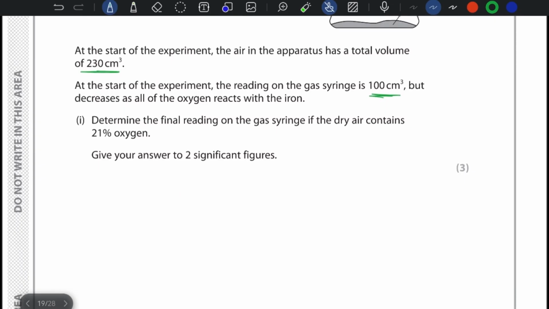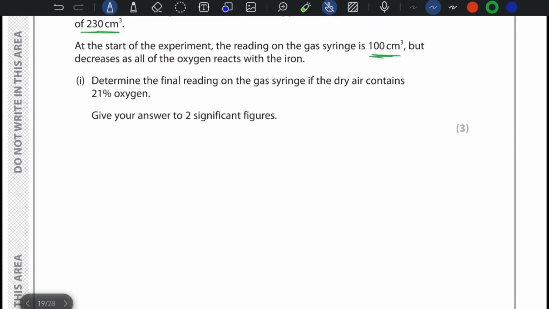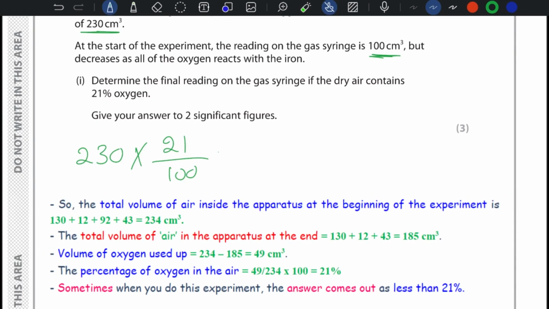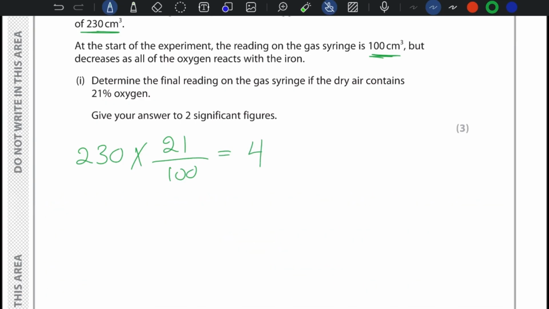Determine the final reading of the gas syringe if the dry air contains 21% of oxygen. Remember that the initial volume was 230 cubic centimeters. Multiplied by 21% is equal to 48.3. So the volume of air decreased by 48.3.